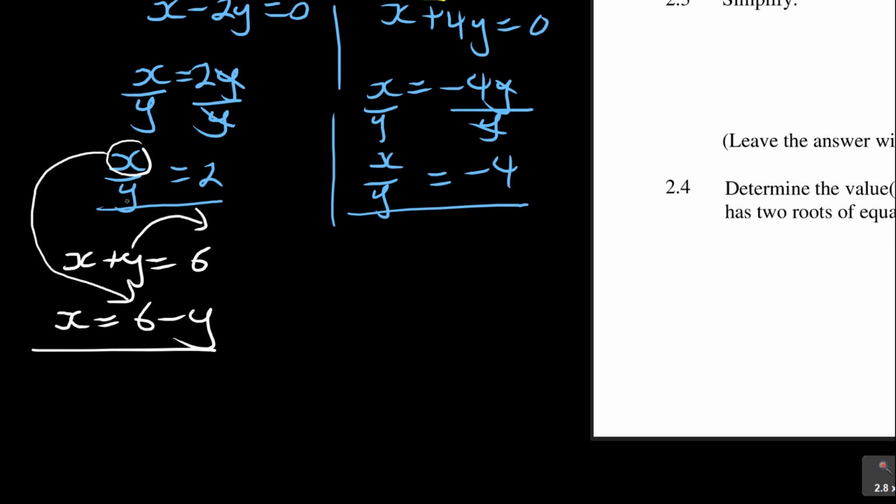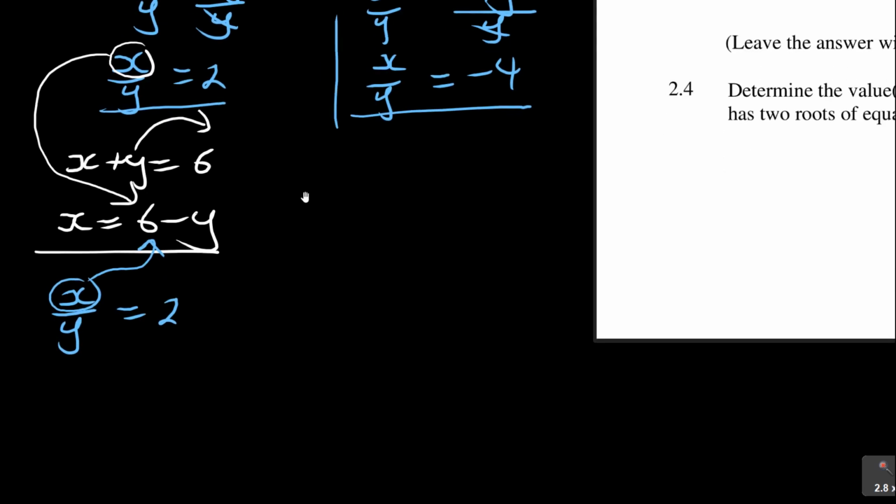See that? So where I have x here, I can substitute that value there. Let me write it first so that I don't confuse you. Where I had x over y is equal to 2, my x now is this equation, so I can say 6 minus y over y is equal to 2.